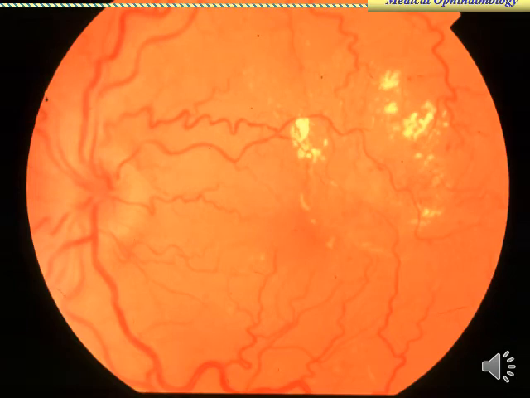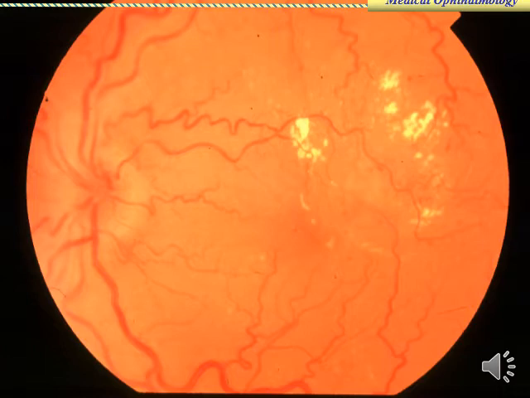This slide shows hard exudates in the left part of the fundus, in the temporal part of the fundus, with adjacent retinal edema. Retinal edema is known by thickening of the retina.